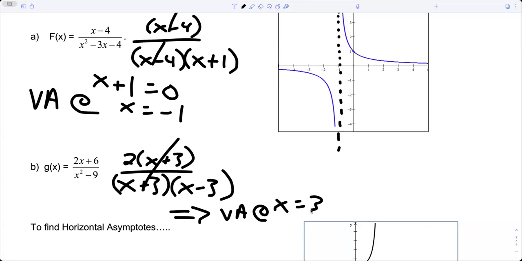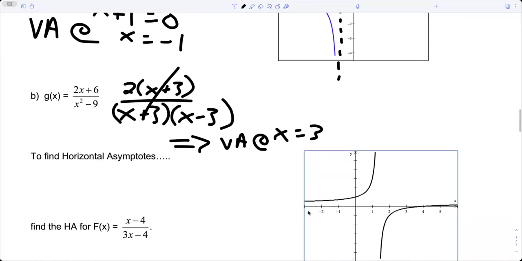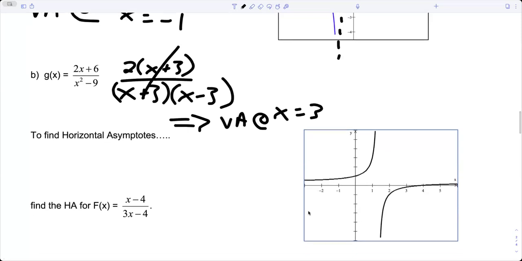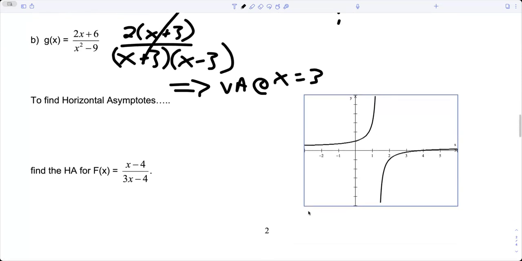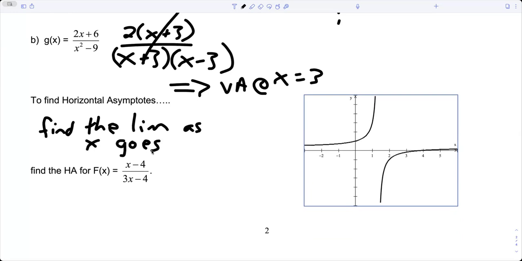Okay, well, that leads us to this. That's vertical asymptotes here, and this is why we have the acronym HA. To find horizontal asymptotes, find the limit as x goes to positive or negative infinity.